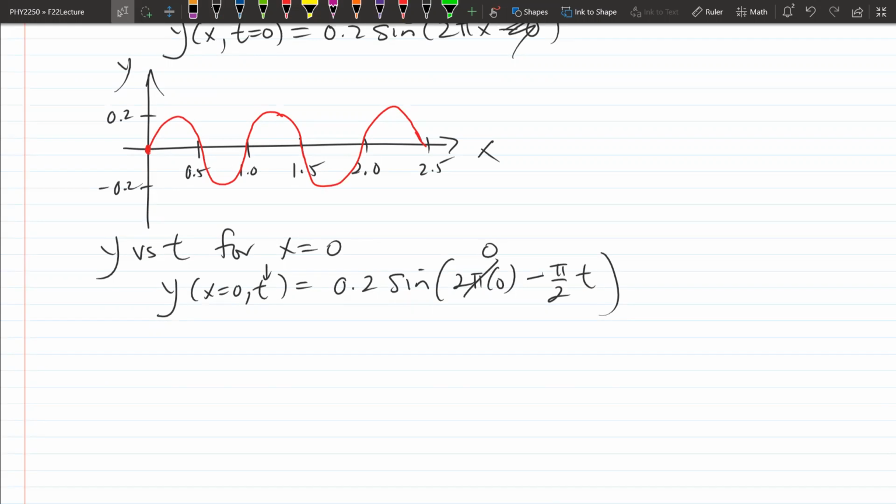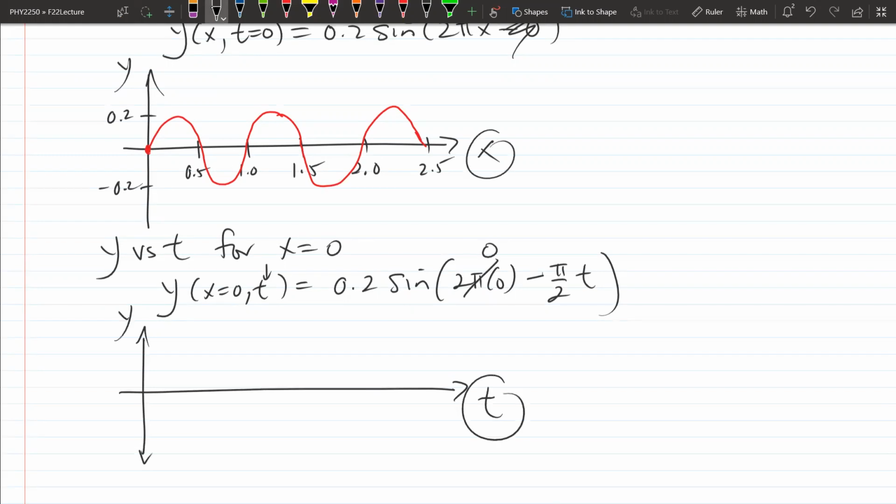Once again, I'm going to employ the same strategy, knowing that any multiples of pi, I'm going to get zeros. And as opposed to plotting versus x, we're going to plot versus time. The amplitude is still the same, 0.2, negative 0.2.